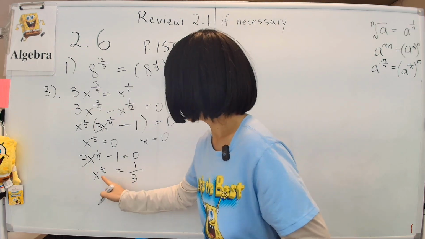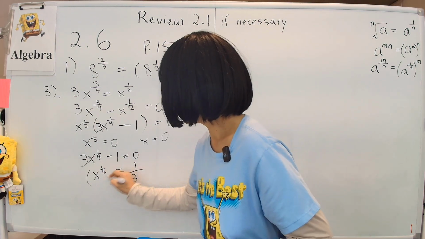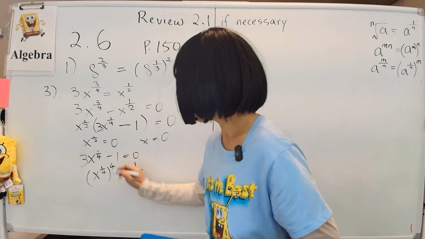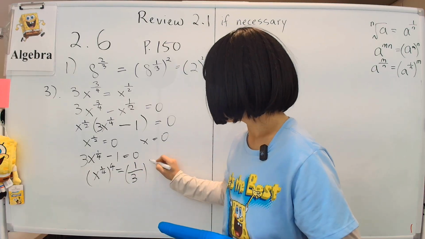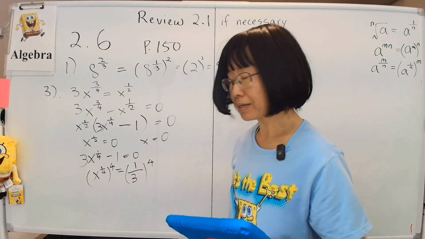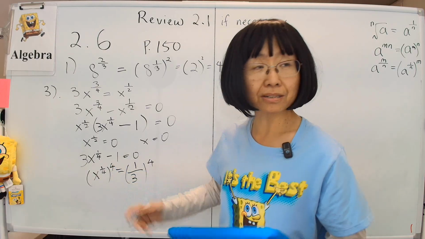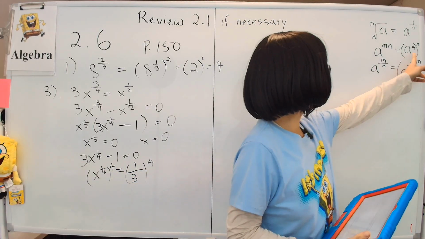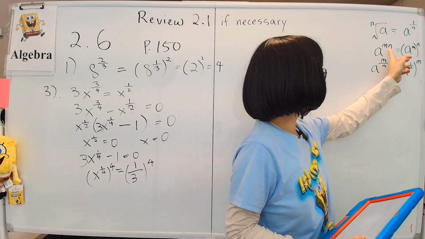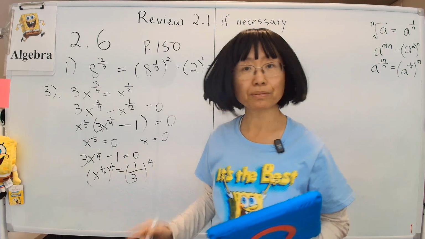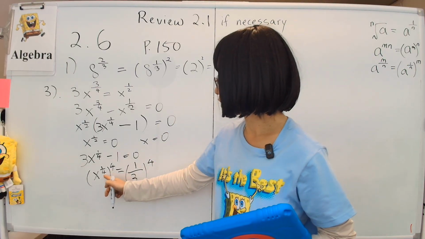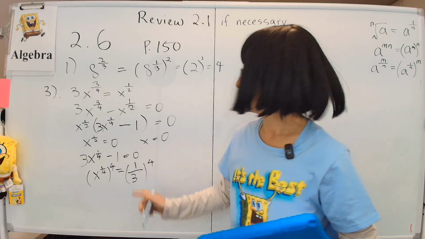Being that this is x to the 1/4, we will raise it to the 4th power, because as we have said, we'll do the same thing here. When you have something like this situation, you just multiply the exponents together. And I want x to be power 1. So if it's 1/4, then I have to multiply by 4 to become 1.